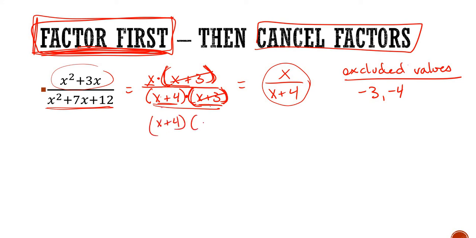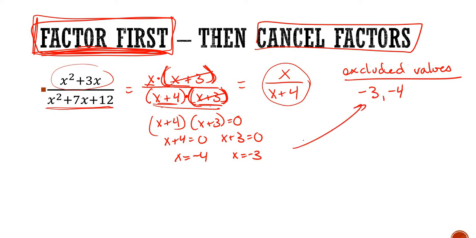Now I kind of jumped around, but let's go back and think. Factor first. The factors on the bottom are set equal to 0 to find my excluded values. Doing all the work, most of you can do this in your head at this point. So -4 and -3 are my excluded values.